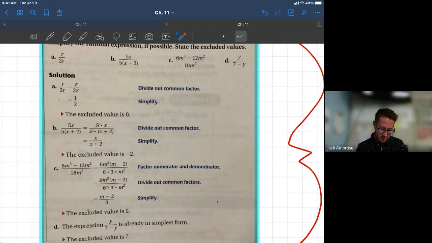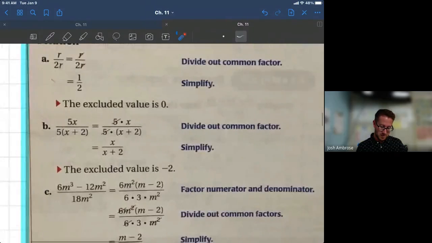This one, here's our work right here. You'll notice that we have a 5 that's been pulled out of the parentheses, so it is separate from the parentheses. If that is the case, then they are telling you that this is 5 being multiplied by this expression of x plus 2.